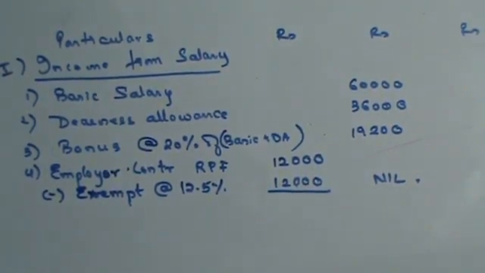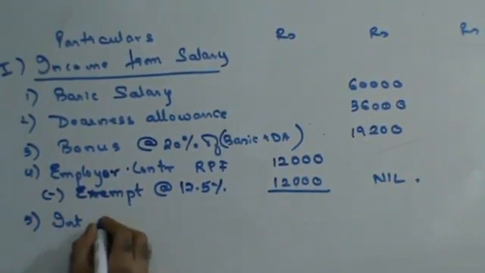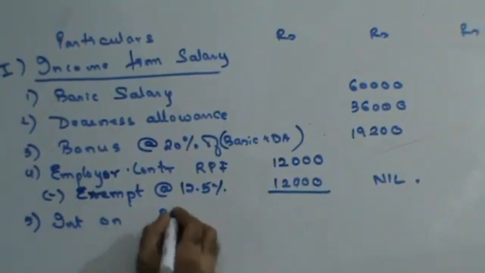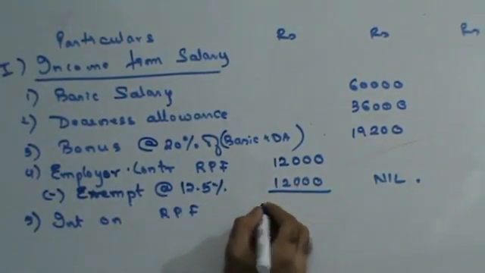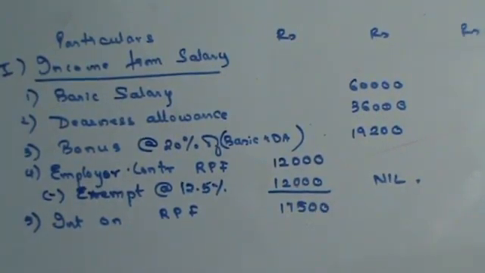Next, interest. They are saying that interest on balance credited to his provident fund is given to you as 17,500. Now, interest is exempt to the extent of 9.5%.